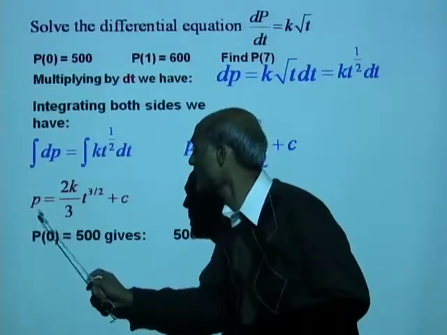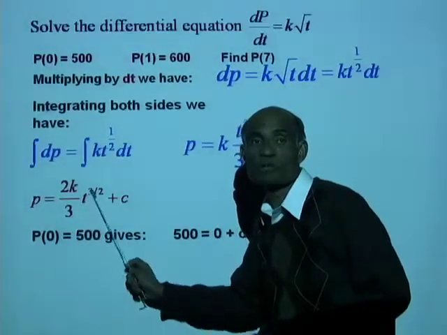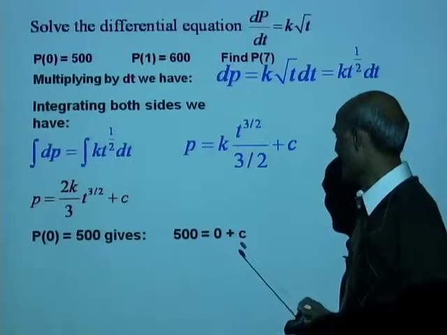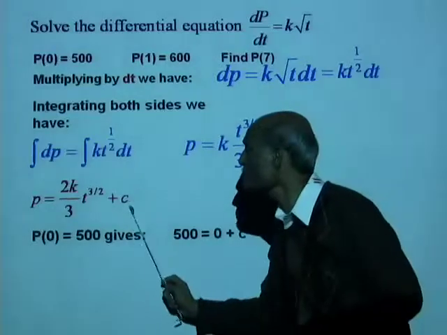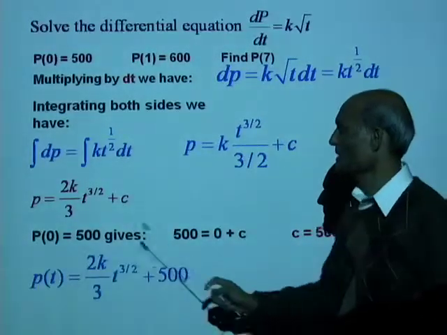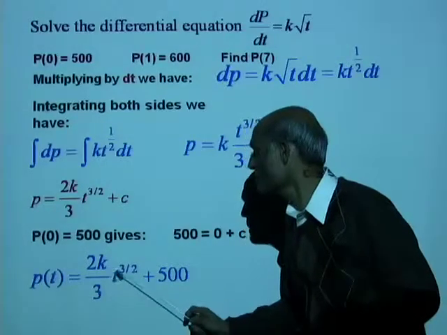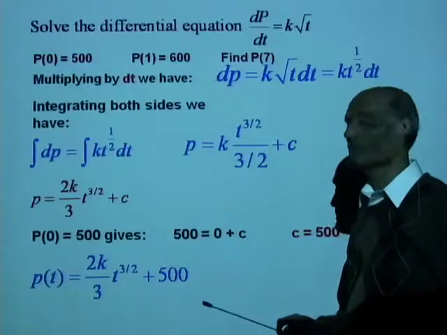So we say 500 equal to, when t becomes 0, this whole thing will become 0. So 500 equal to 0 plus c, and that gives you c equal to 500. We can now replace the c by 500. So we get p of t is 2k over 3, t to the power of 3 over 2 plus 500.